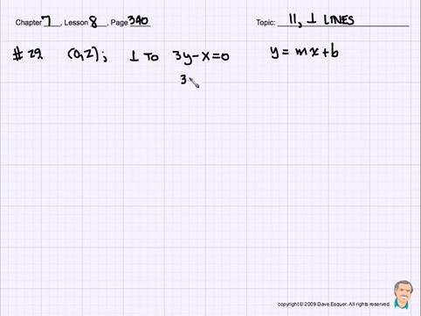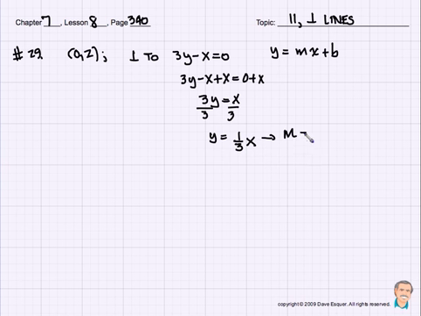Well, then let's see if we can do something with this one. 3y minus x plus x is equal to 0 plus x, or 3y is equal to x. Or if we divide both sides by 3, y turns out to be 1/3 x. And this tells us that the slope has to be equal to 1/3. That's the slope of this line.